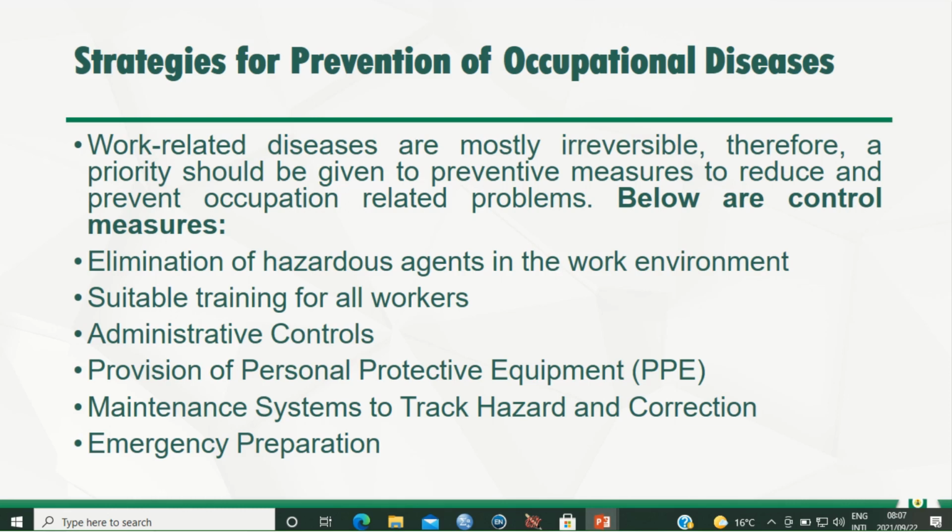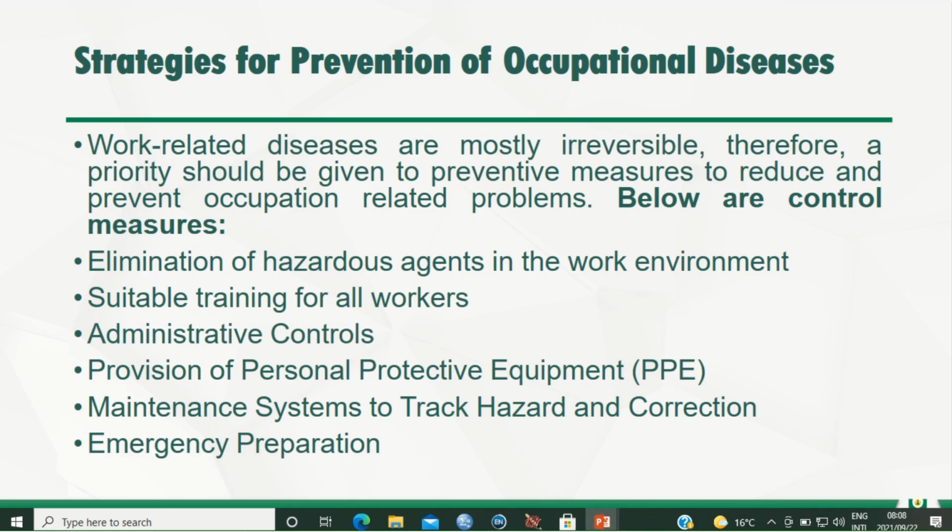One, elimination of hazardous agents in the work environment. It is advisable to remove all hazardous agents in the work environment, and provide proper and suitable training for all workers before they resume work. Administrative control.